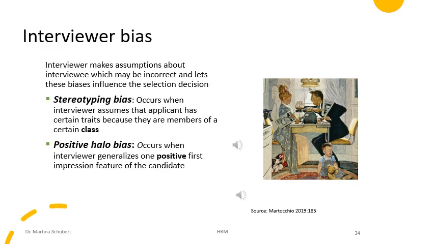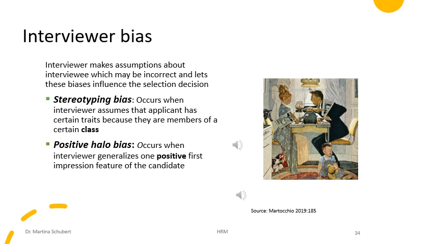We talked already from the beginning that the interviewer should avoid interview biases. Interview biases include, for example, the stereotype bias. This means that the interviewer assumes that the applicant has certain traits because they are a member of a certain class.